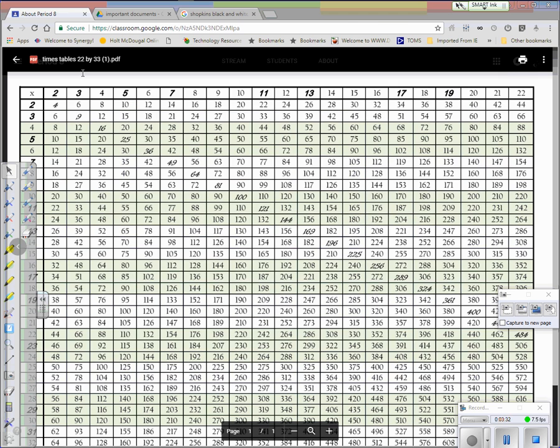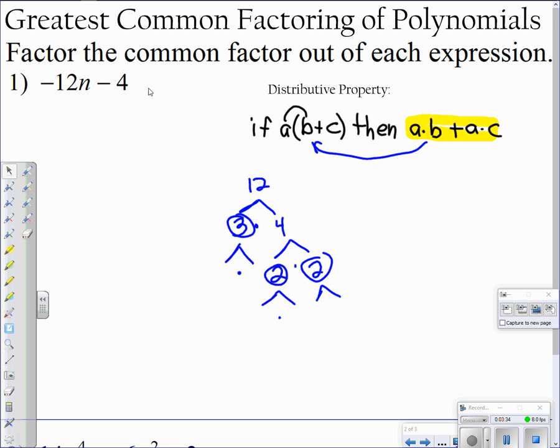So if you look back at the problem, instead of 12, I can write negative, and the factors of 12 written in order: negative 2 times 2 times 3. Those are the numbers that I circle.